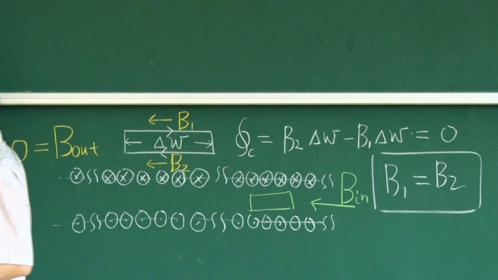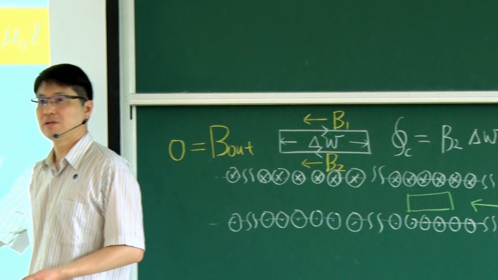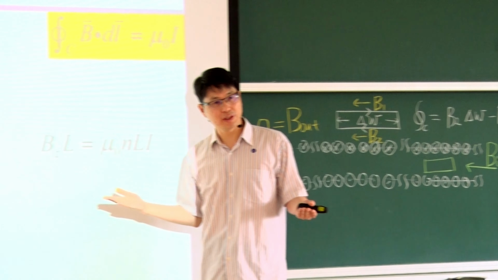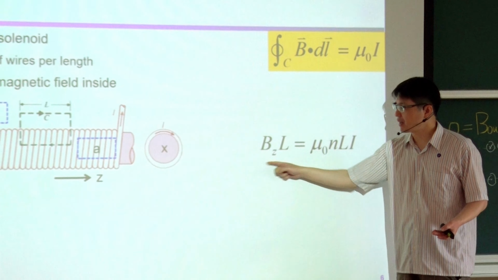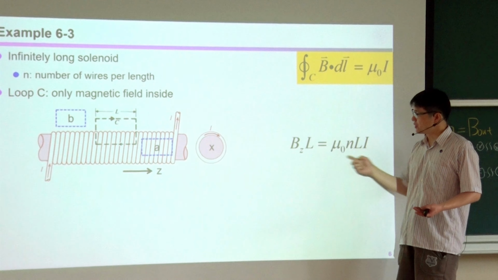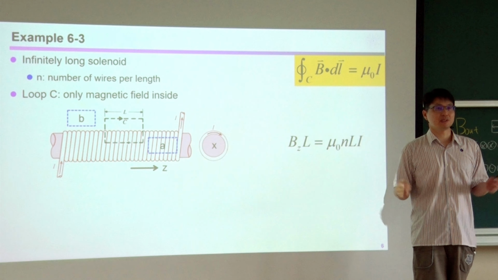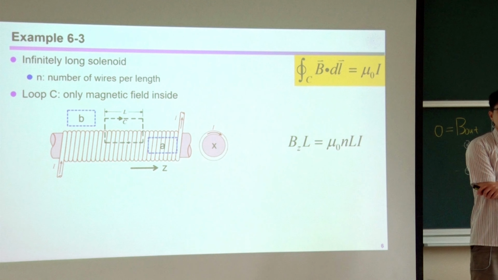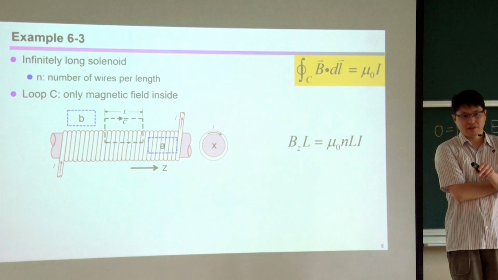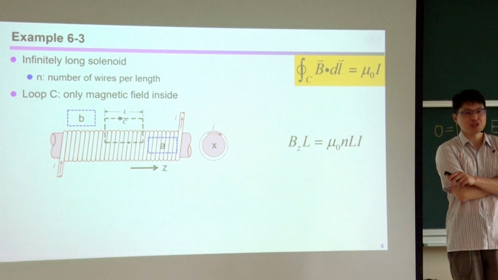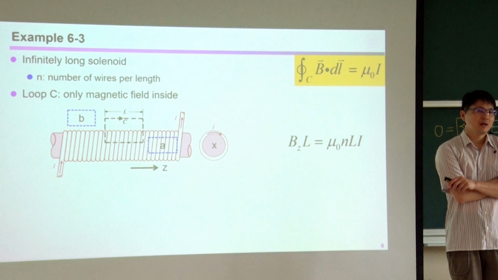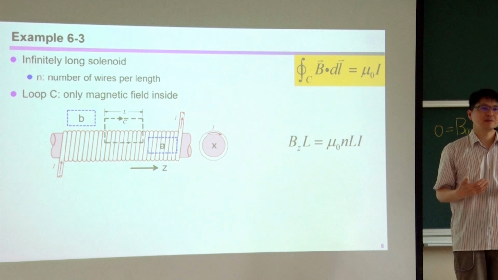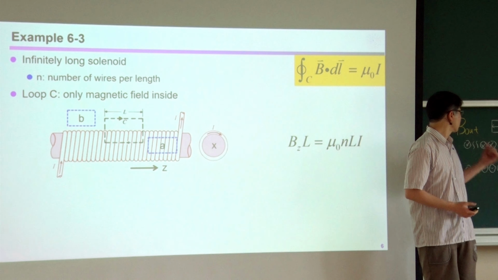And because the B field outside is 0, you can find the B field inside the solenoid: something minus 0 is equal to the total amount of current encompassed. So can anyone tell me, this is a challenge to the students, how can we just romantically say this is 0?